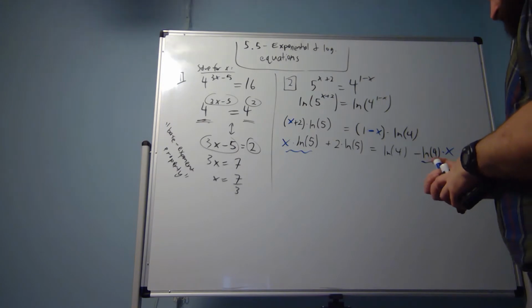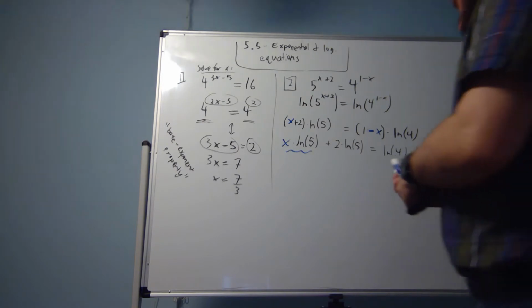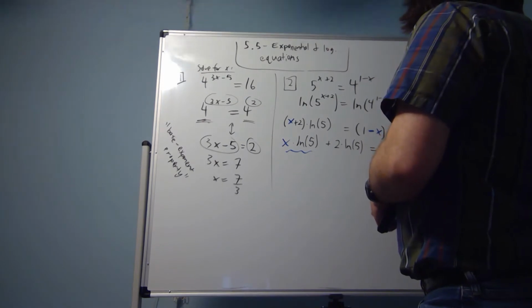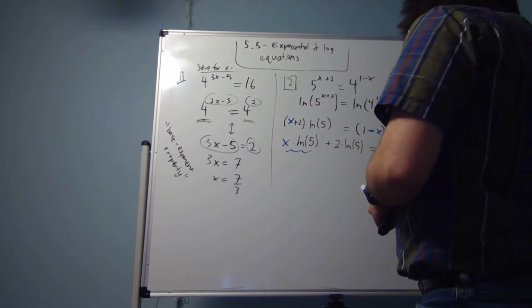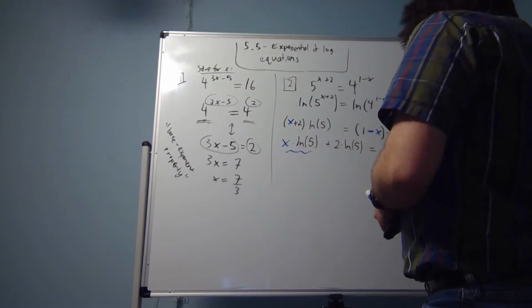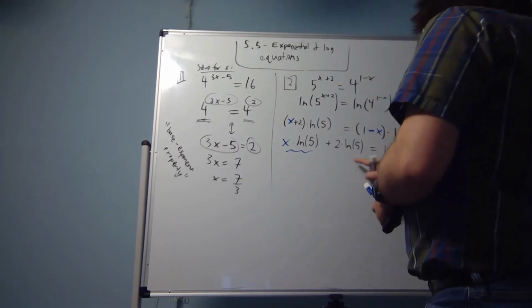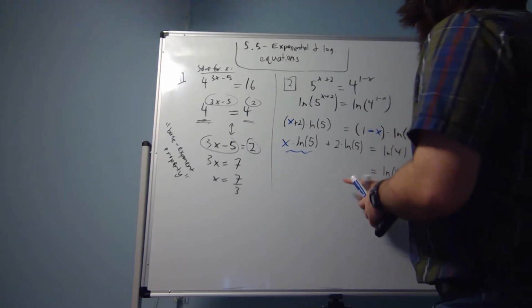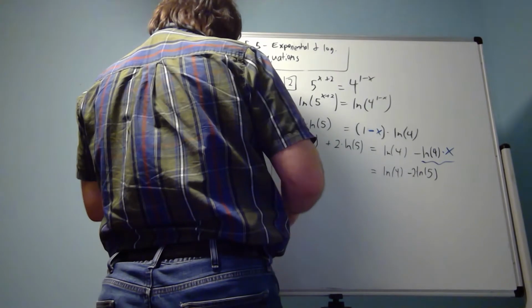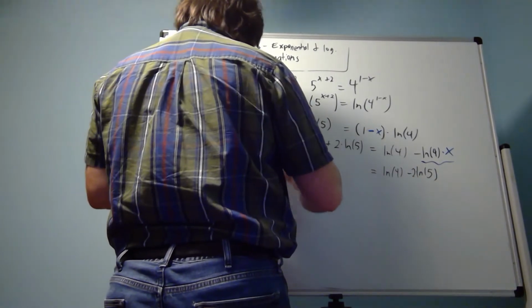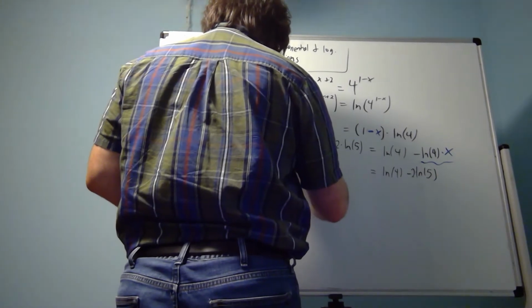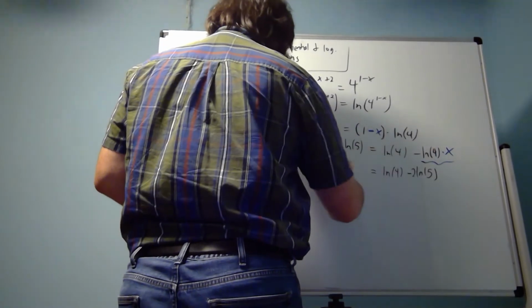So subtract twice ln of 5. And we add x times ln of 4.